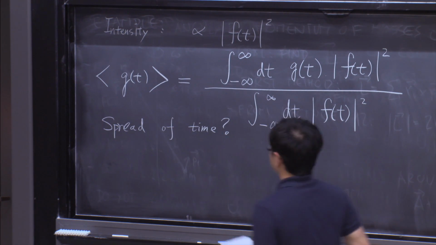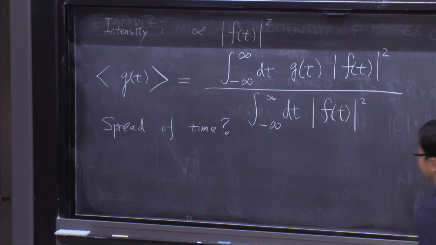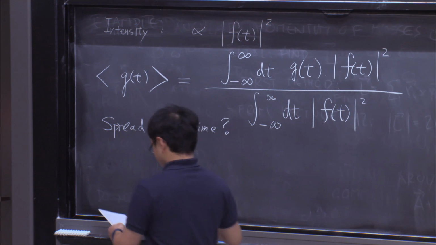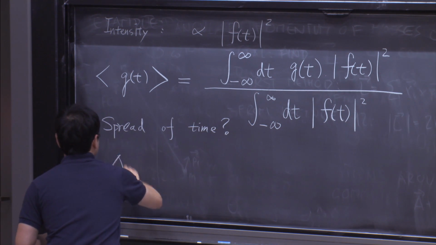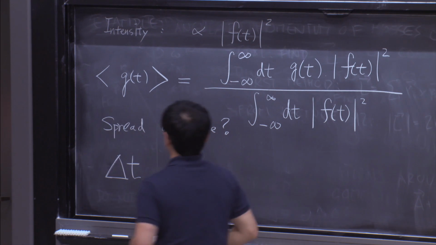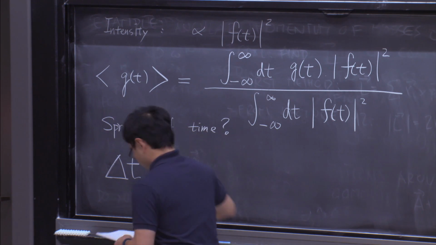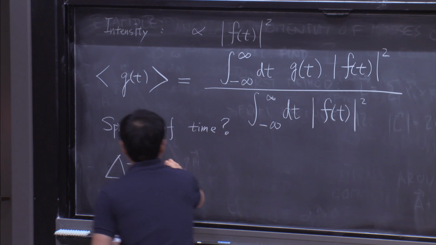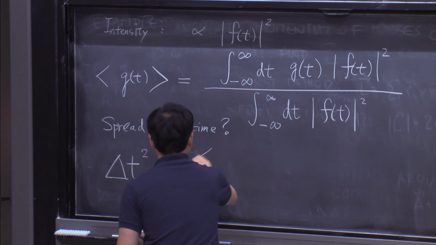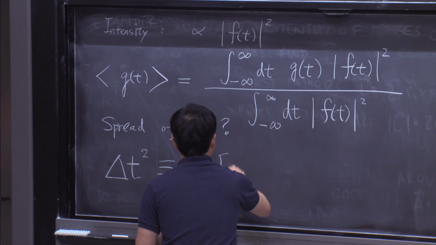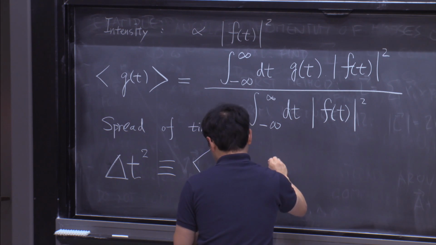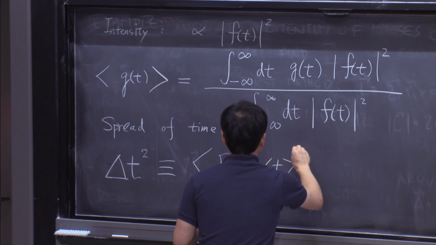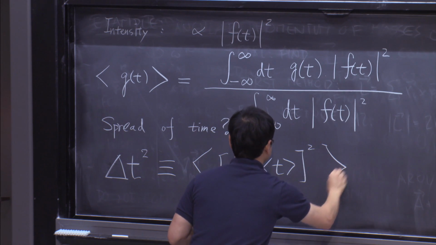We can make use of this definition, and I can use the notation delta t squared for a quantity associated with the size of the spread in time. That is defined to be the average of (t minus the average of t) squared.